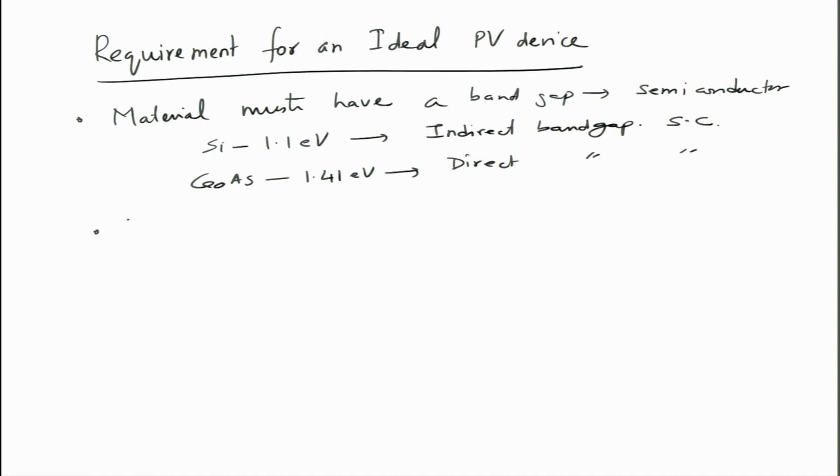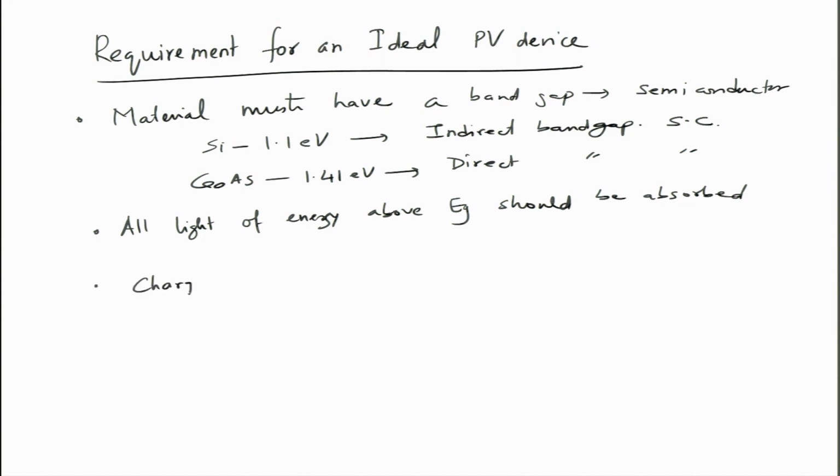Second is, all the light of energy above Eg should be absorbed. Okay. And then charge separation, all the electron hole pairs you create, they must all get separated.